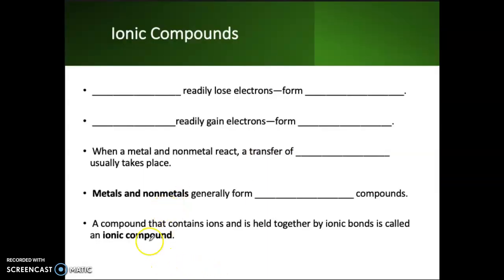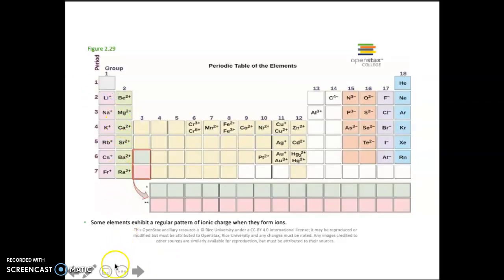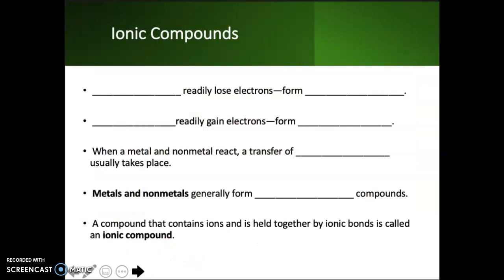Now, let's talk about ionic compounds for a second. Ionic compounds are between a metal and a nonmetal. Metals, remember that's on the left side of the periodic table, usually lose their electrons easily.